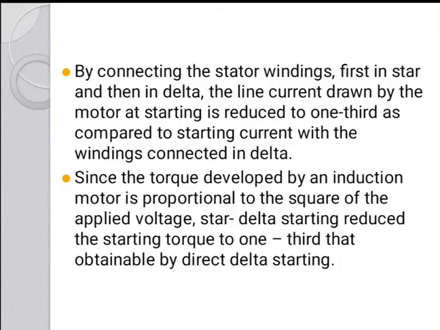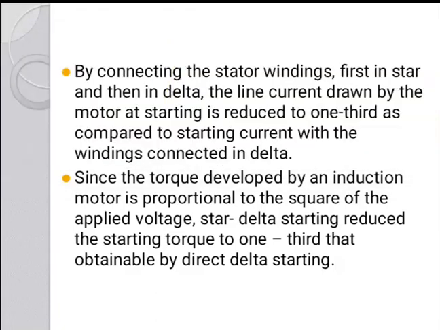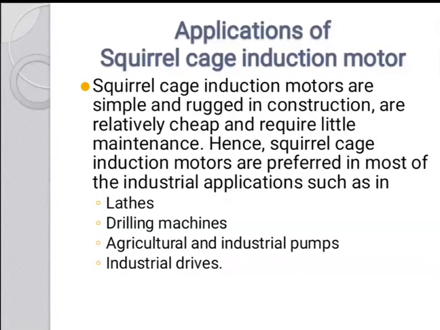Since the torque developed by an induction motor is directly proportional to the square of the applied voltage, if you limit the voltage, the square of the voltage is reduced automatically. The star delta starting method reduces the starting torque to 1/3 of that obtainable by direct delta starting.